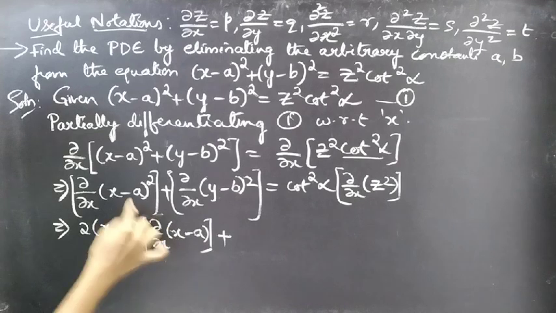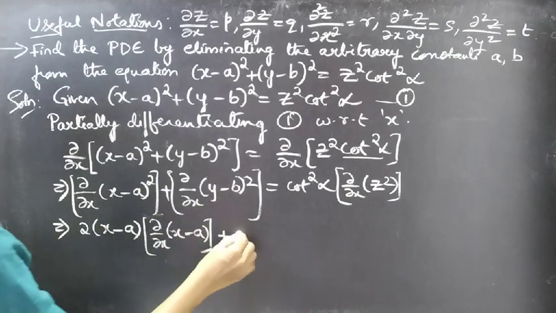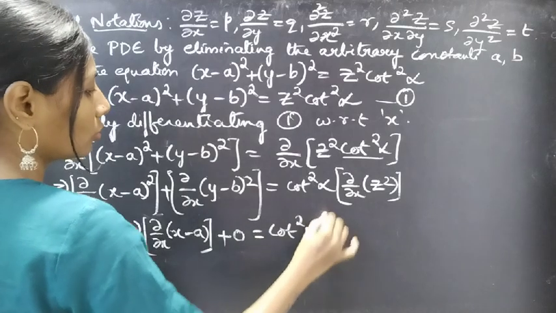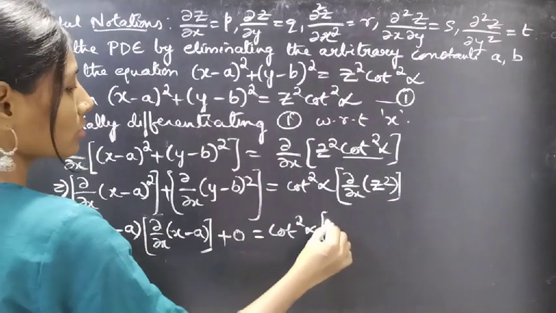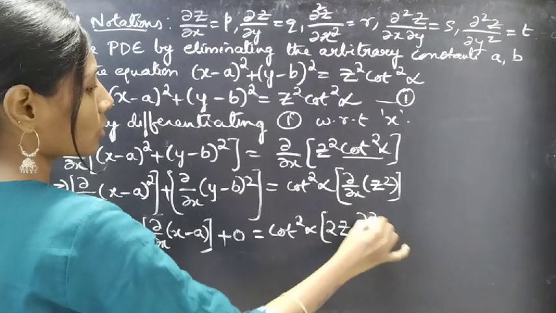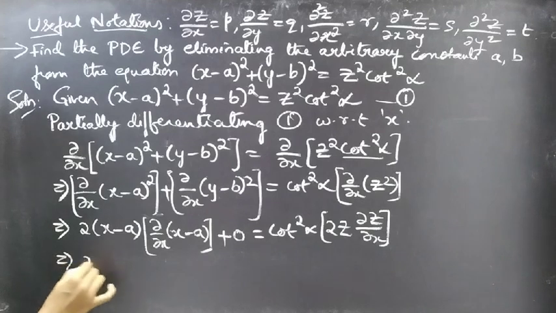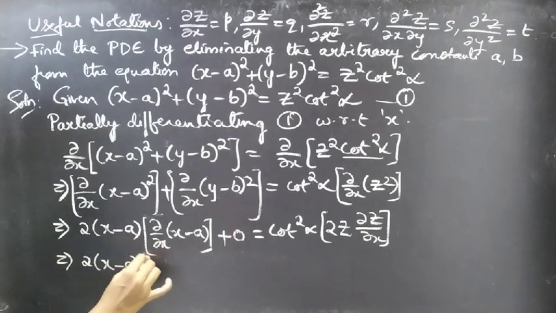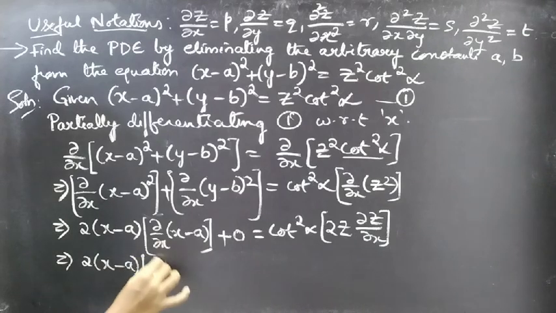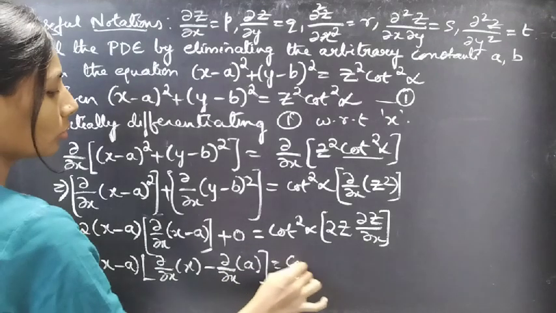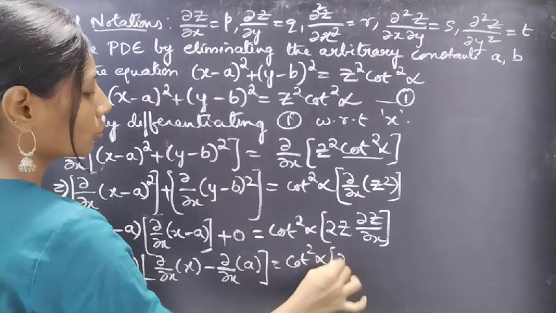Plus the partial derivative of a constant with respect to x is 0, equal to the constant into the partial derivative of z square with respect to x, which is 2z into the partial derivative of z with respect to x, that is cot square alpha into 2z.